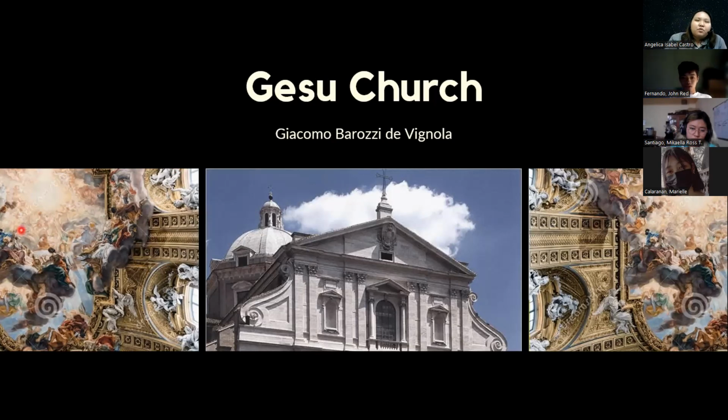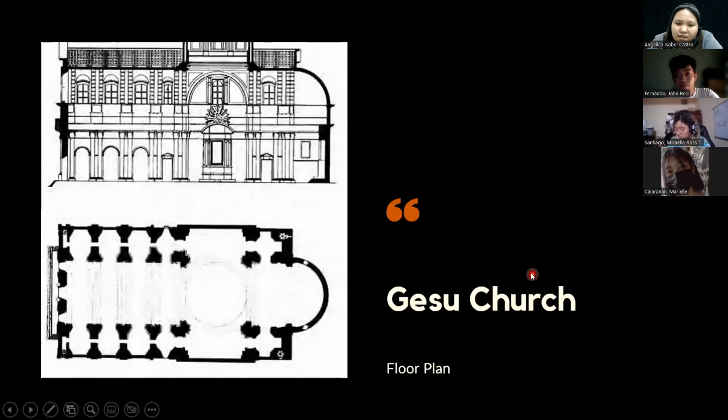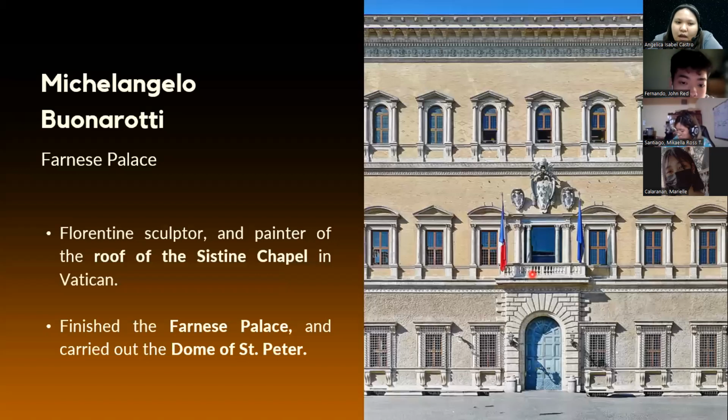It was also for arts in general, literature, 'di ba? Politically, yes, not just architecture. So there, your Jesuit church also has a dome at the back. Yeah. This is the plan of your Jesuit church.